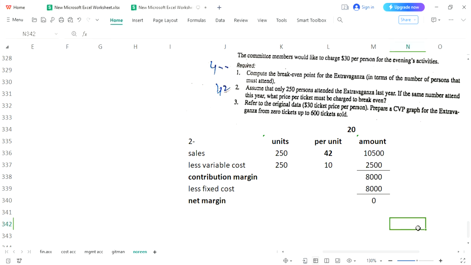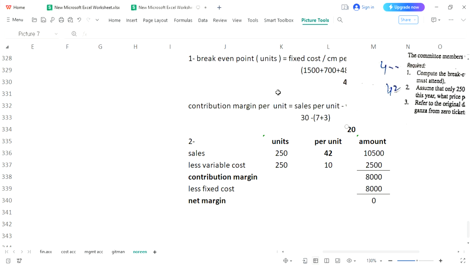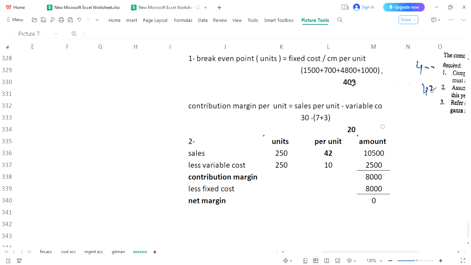Question number 2 and question number 3 we have done, and if you want to see the lecture, you can go to that lecture where instructions were given on how to make a CVP graph. Since it's not a numerical type of thing, you will do it by yourself. Both first and second requirements have been sorted out. You can see that the first answer is 400, and 400 is present over here. The second answer is 42, and 42 is present over here. In this way we have calculated our answer.